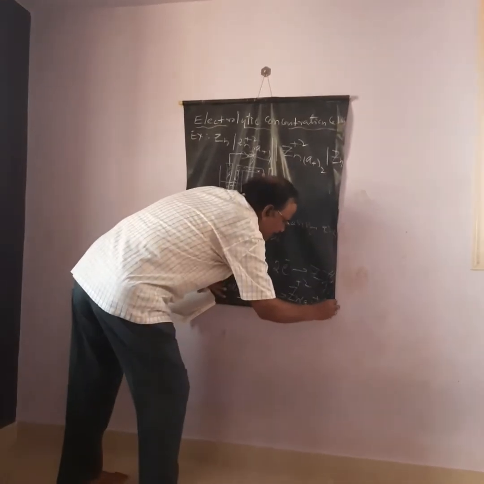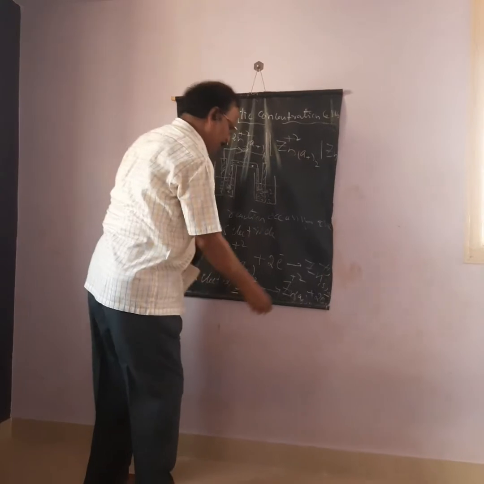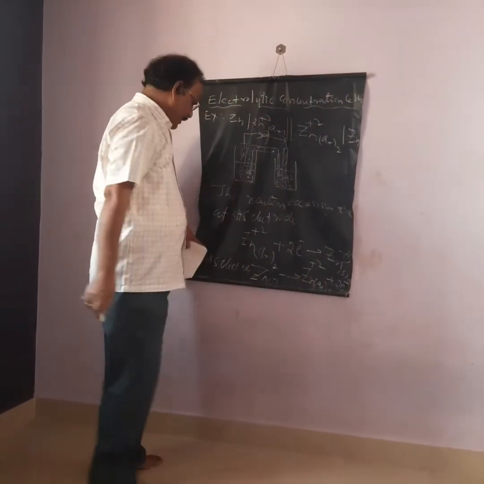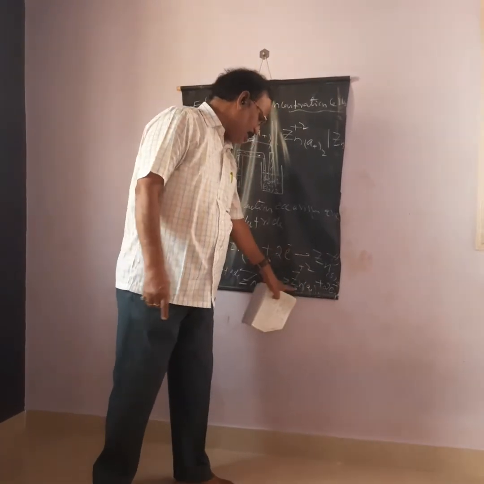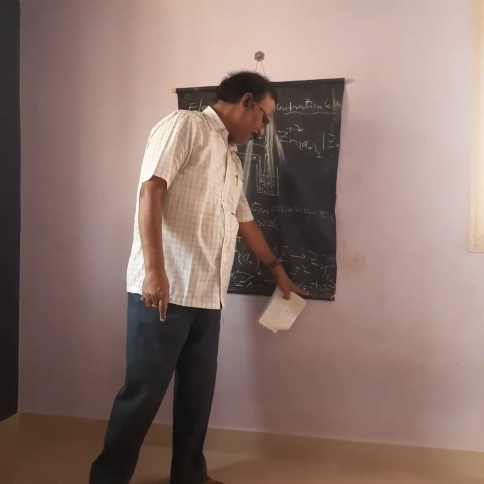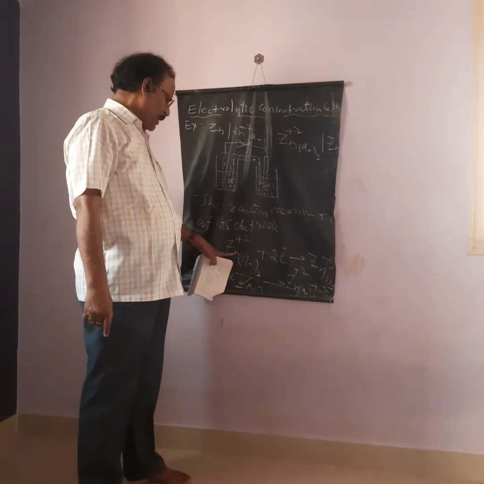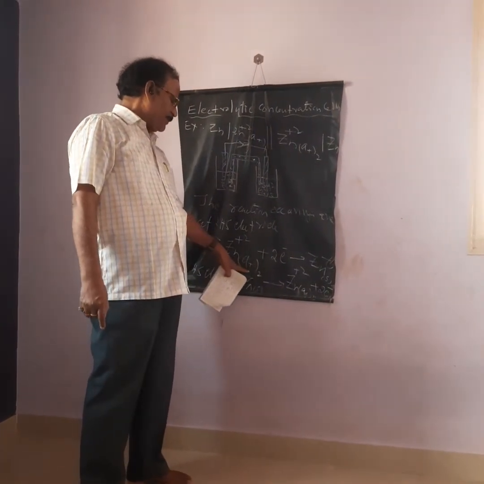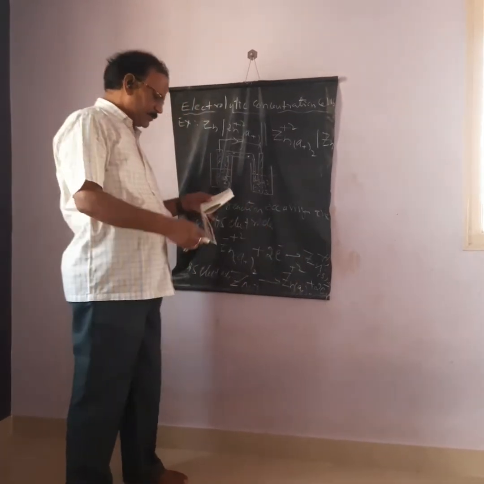This is equation number 2. The first equation is at the RHS electrode, the second equation at the LHS electrode. Here, at the cathode, Zn2+ at the activity a2 takes these electrons to give solid zinc.